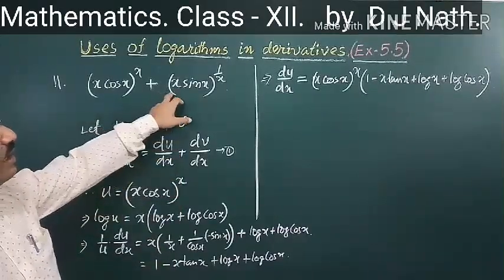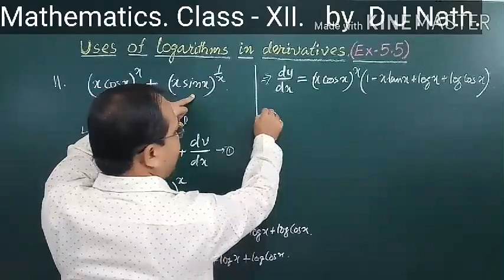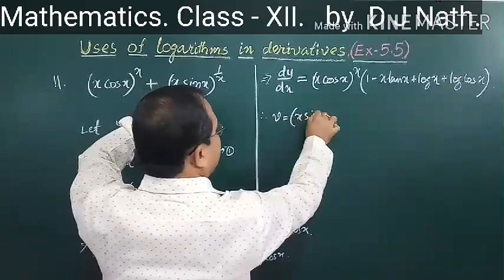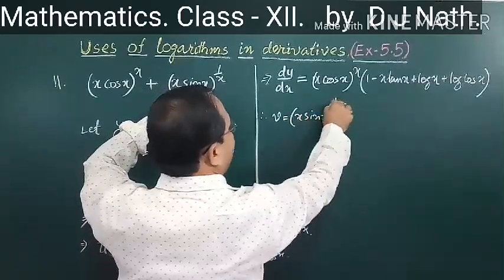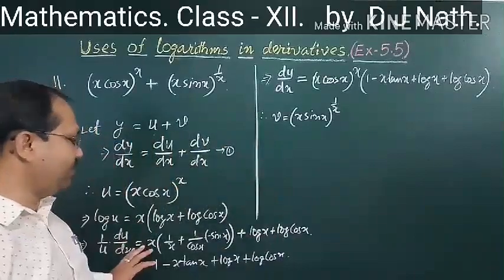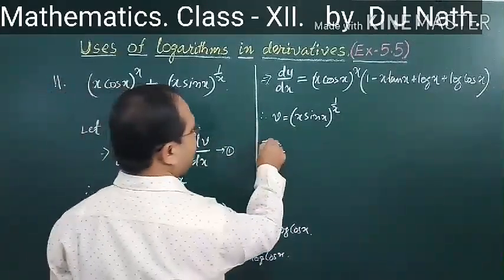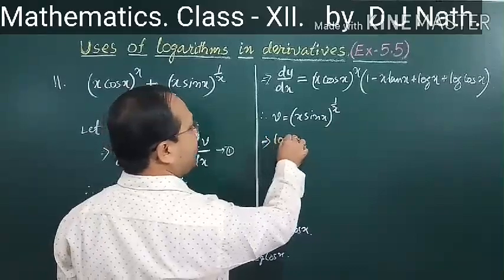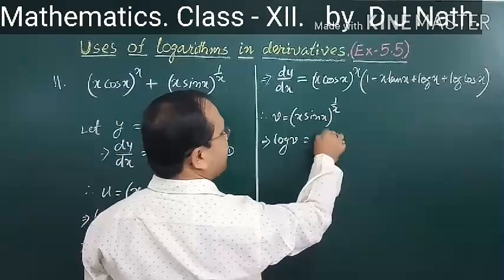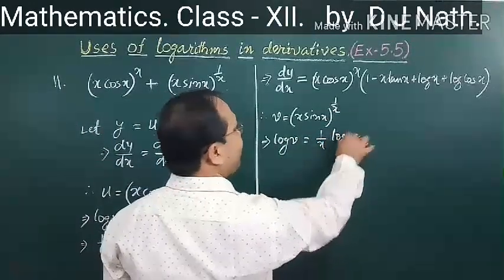v is x sin x to the power 1 upon x. So here again we have to do it that way, by using the logarithmic function. So log v is equal to 1 upon x into log of x sin x.